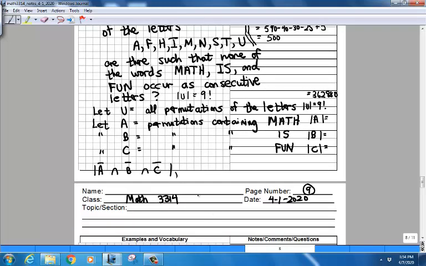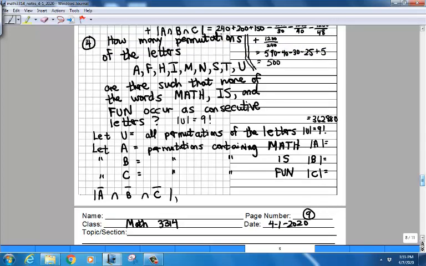But I want to point out that the reason I define these 3 sets is because if you take the intersection, not the union, of the complements of these 3 individual sets, that is the set that we were originally asked to count.